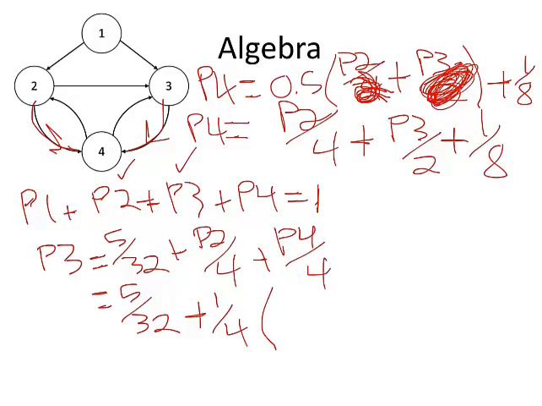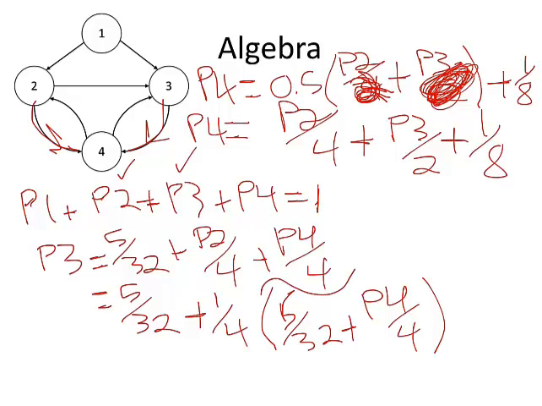So this P2 equation right here becomes 5 over 32 plus P4 over 4, because remember, that's exactly what we had before, and this is the equation for P2 right in here. This is what P2 is, plus P4 over 4.